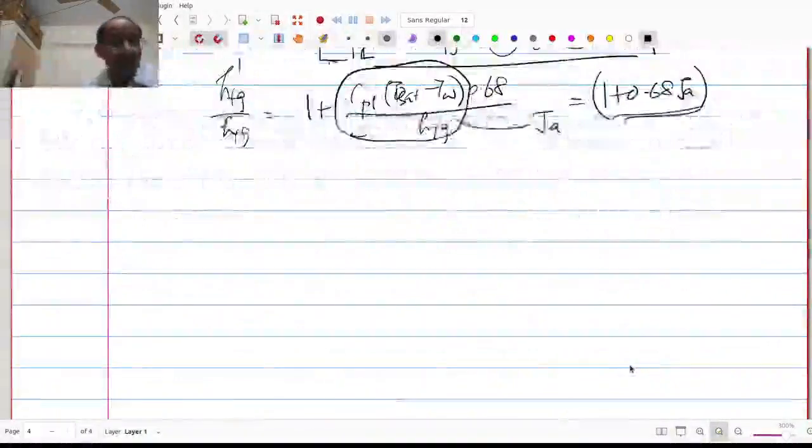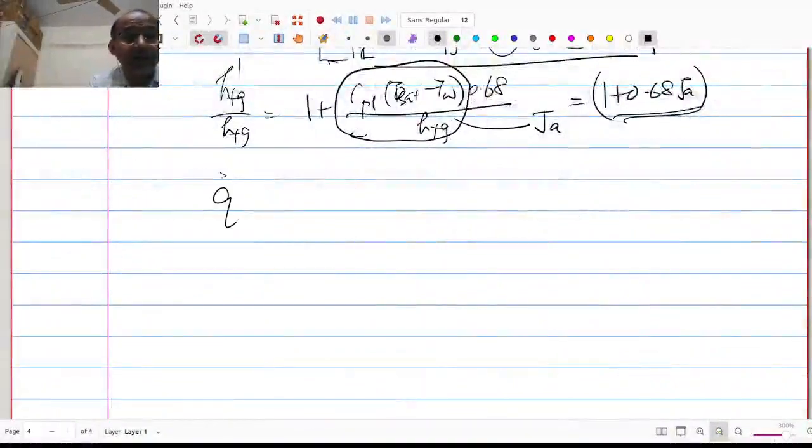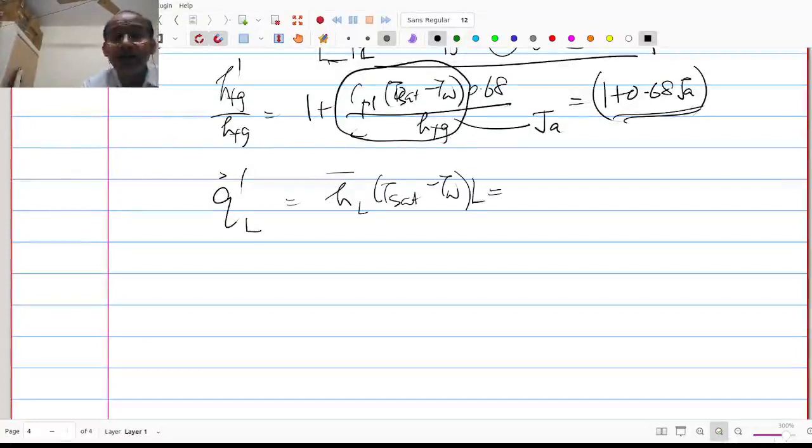So now substituting this, we can say that Q dot prime at L will be equal to h bar L into Tsat minus Twall. This you can easily verify. You substitute, multiplied by the whole area of the plate, which is length multiplied by unit width, L into 1. This would be equal to hL by K is the Nusselt number, so it is Nusselt number into KL.